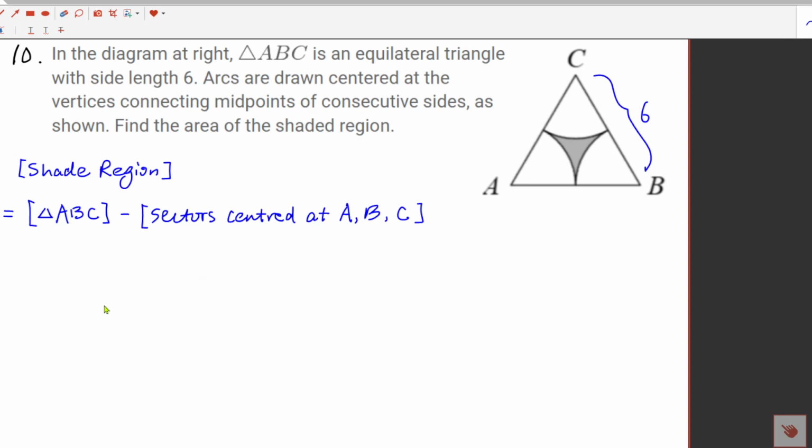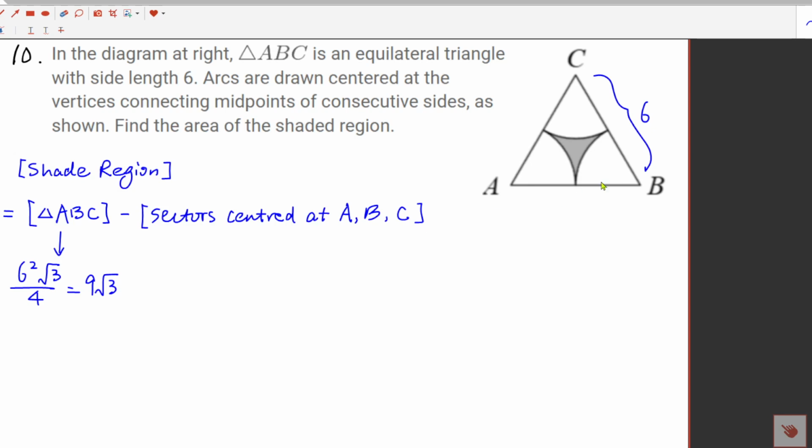Since triangle ABC is equilateral with side length 6, we can easily find this area, which is 6 squared times square root 3 over 4, and this gives us 9 square root 3, right?